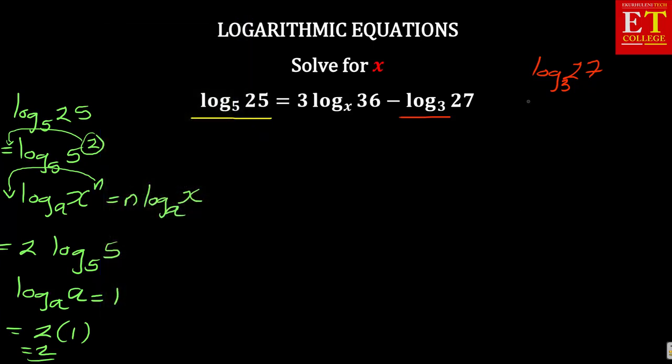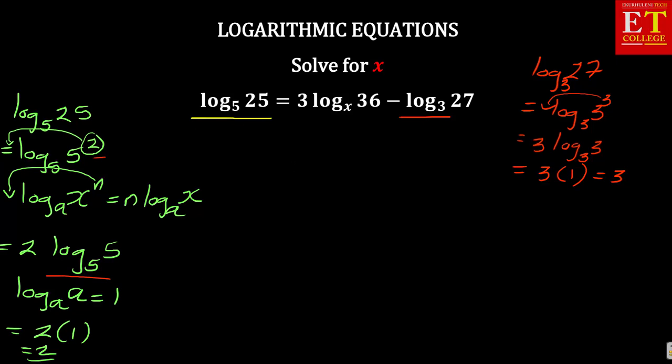So similarly, this is the same as log in base 3 of 3 to the power of 3. Remember, the 3 will drop, similar to what we did here on the 2. So the 3 will drop so that you've got 3 log base 3 of 3. Similarly, we had got 2 log base 5 of 5. In actual fact, here it means we also have 3 times 1, which is our 3.